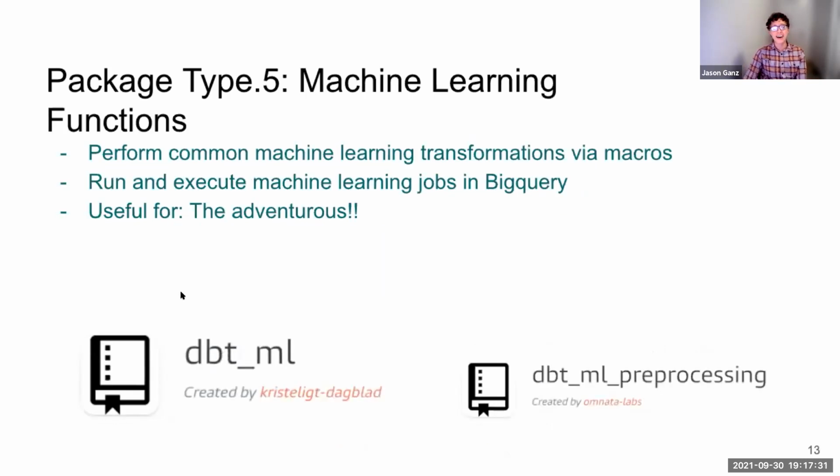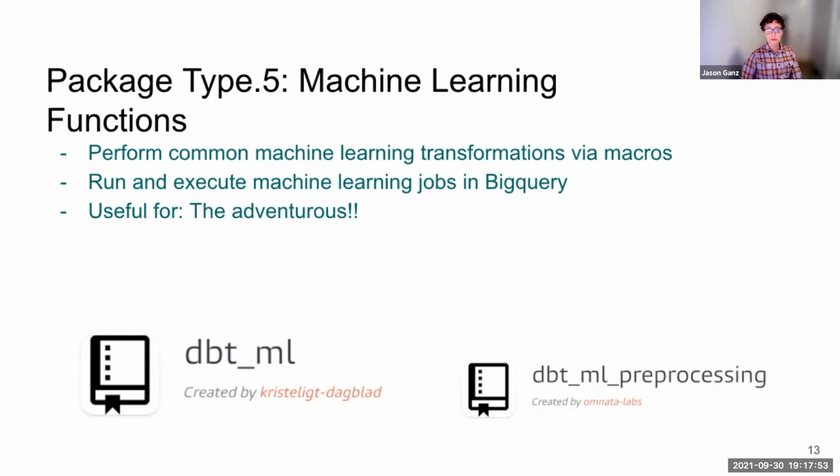All right, the half type of packages. This represents the experimental edge of dbt packages. There are only 2 of these, and they're both in their early stages right now, but these perform common machine learning functions straight in your dbt project.